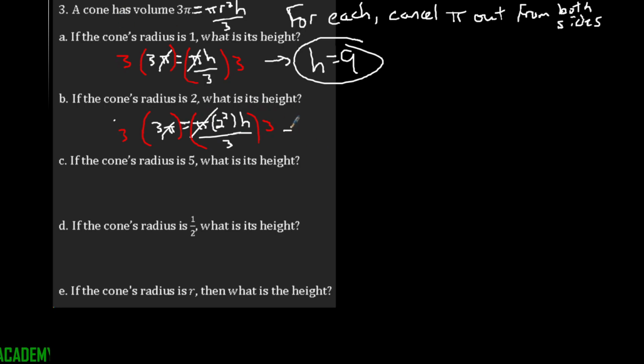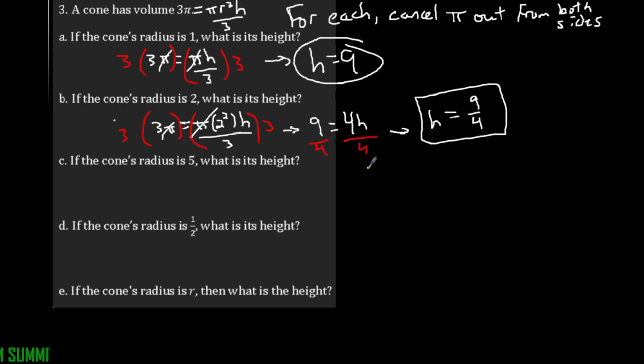This gives us 9 equals 4h, which I can divide both sides by 4 to get rid of my coefficient. So h equals 9 over 4. And even if it's a fraction, that's okay. We can still leave it be.